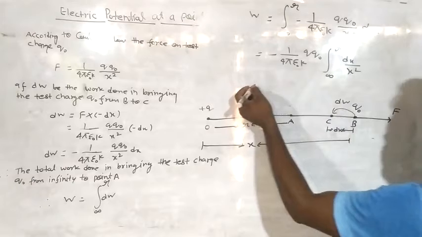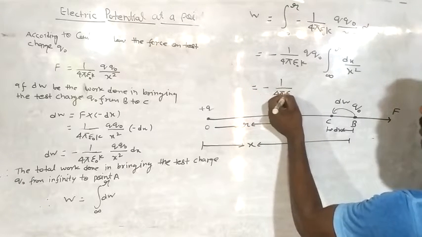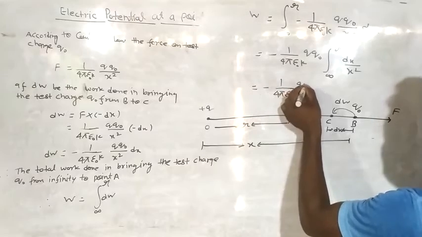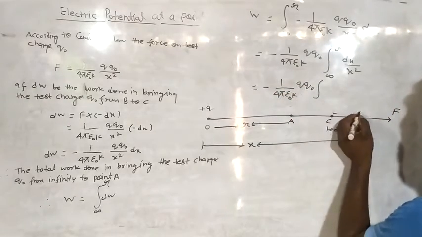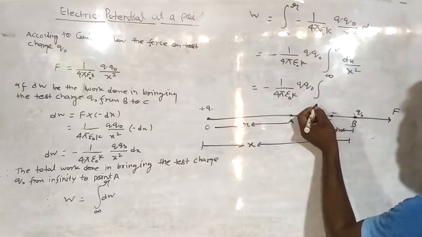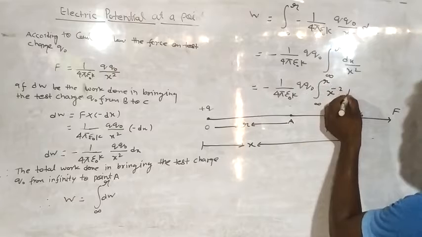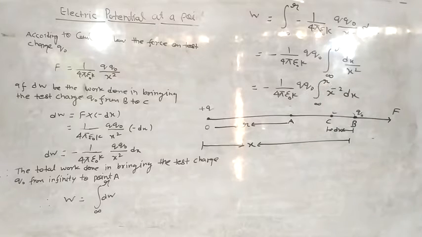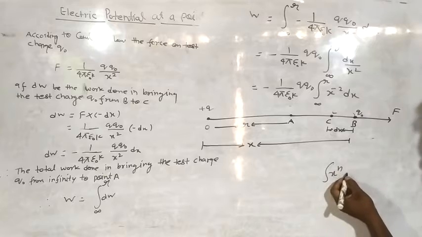Taking x to the top, student, what will we get? Minus 1 upon 4 pi epsilon naught k Q Q naught. This will be equal to integration from infinity to r of x to the power minus 2 dx. Student, we know one formula: integration of x to the power n dx.